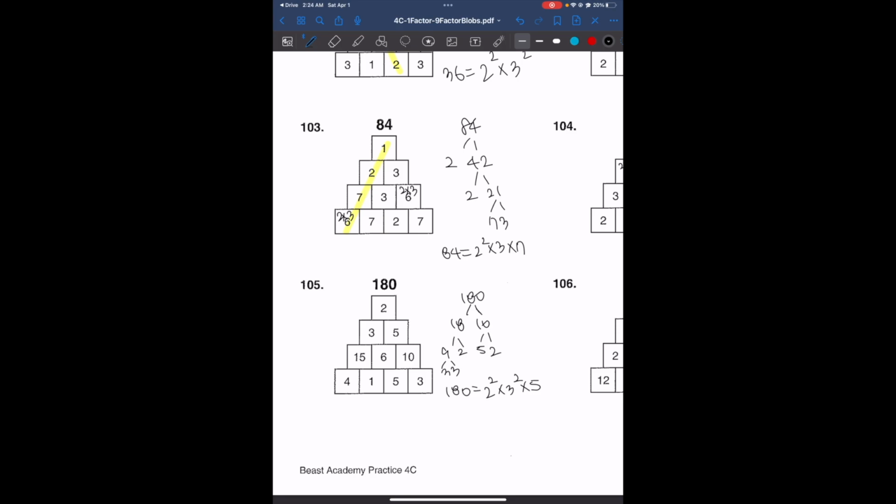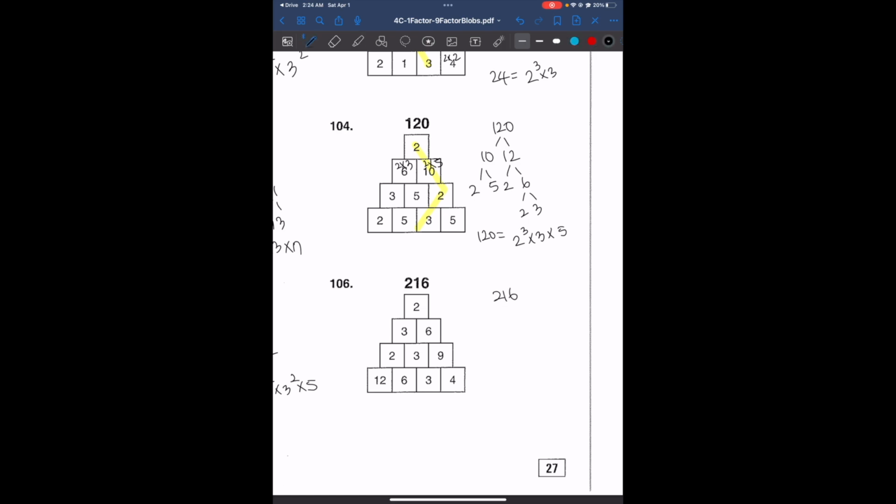And numbers like 15 can be expressed as 5 times 3, 10 expressed as 2 times 5, 6 expressed as 2 times 3. And so using that information, we start with 2, and we can take this pathway. So we use 2 2 times, 3 2 times, and 5 once.